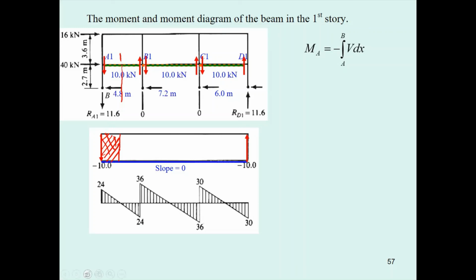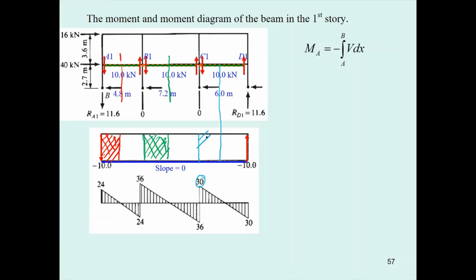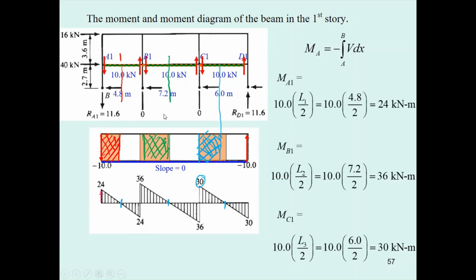Where 36 comes from is 10 times 7.2 divided by 2, and 30 comes from the same thing, the area over here. That is very simple, and if you remember the shape of the moment diagram, you can also draw the slope to be minus 10 along the way. That's going to be very easy.